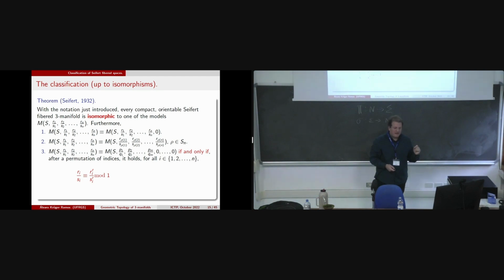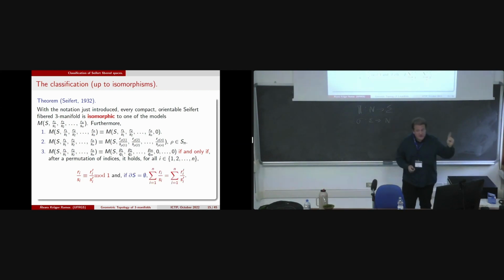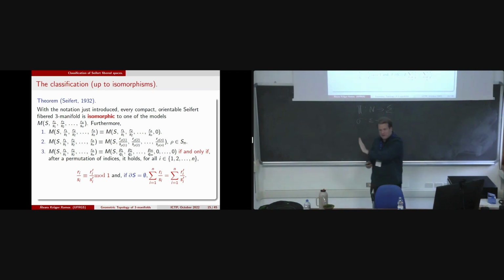I am thinking that n is larger and I am completing with zeros. So if and only if, after a permutation of indices, this rational number is just this rational number plus an integer. That's what mod 1 means. And if your original surface had no boundary, and that for me is the most important case, the sum of these rational numbers equals the sum of the other rational numbers.